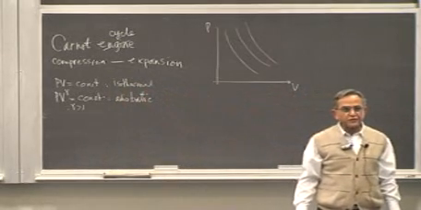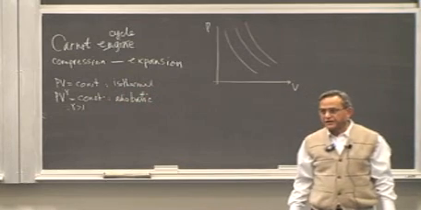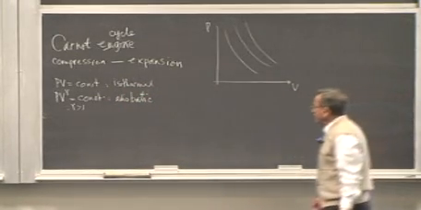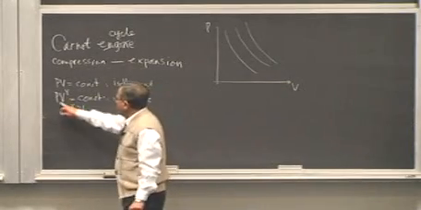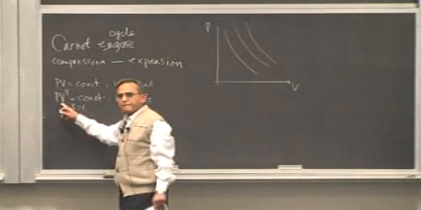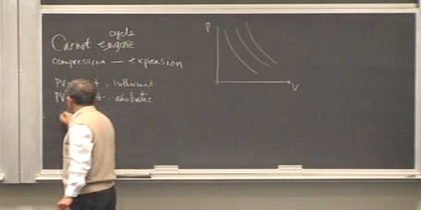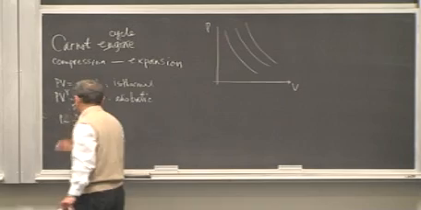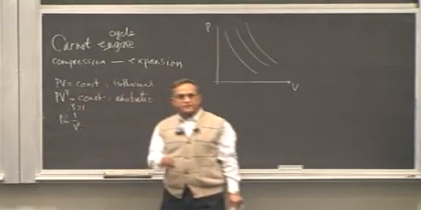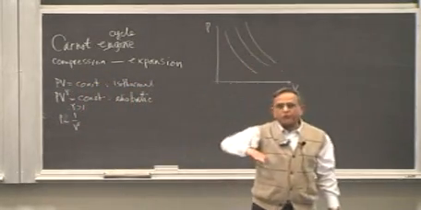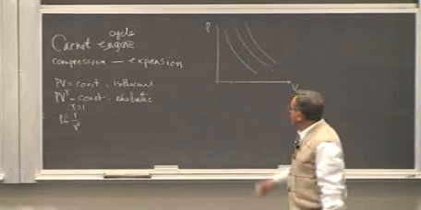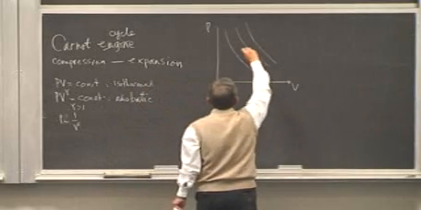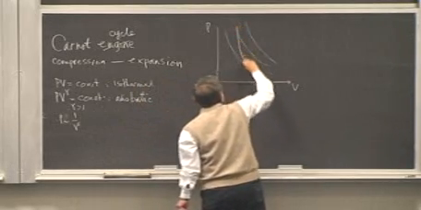Gamma is a ratio of heat capacities, Cp and Cv, and Cp is always larger than Cv. So gamma is greater than 1, and therefore as a function of V, P is proportional to 1 over V to the power gamma. If gamma is larger than 1, then P will fall more sharply than the other case, 1 over V. And therefore this falls more sharply and it comes down like this.